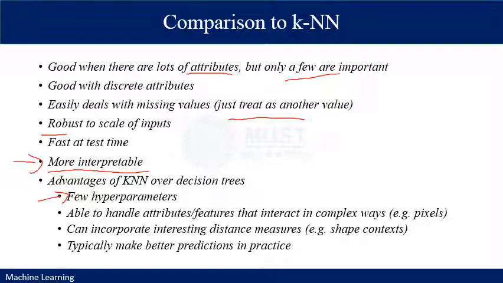KNN is able to handle attribute features that interact in complex ways, for example pixels. But for decision trees, it is very difficult to handle such complex features. KNN can incorporate interesting distance measures, for example shape and context, and these typically make better predictions in practice.